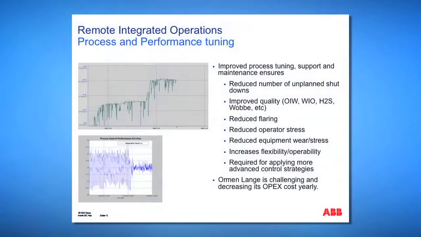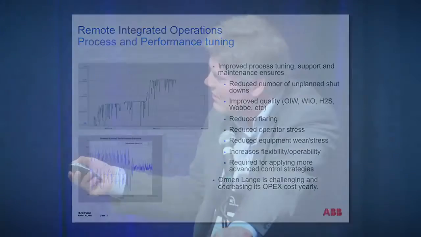The next topic is process tuning and remote process tuning. And these curves that you see here are the startup curve of the gas plant. Here the objective is two things: to provide better stability, making sure that you don't have any shutdowns, because a shutdown will cost you some $10 million.